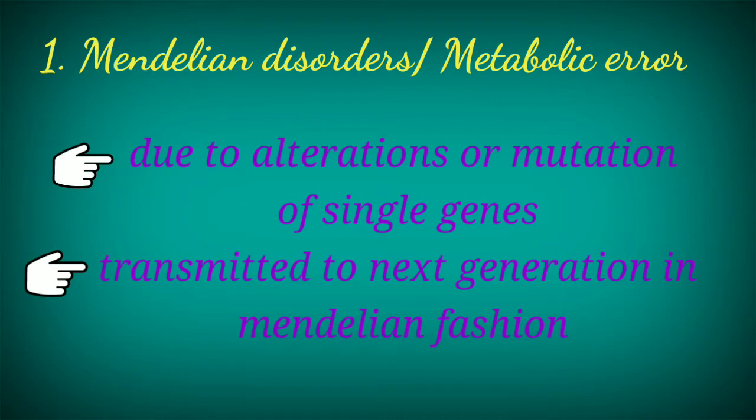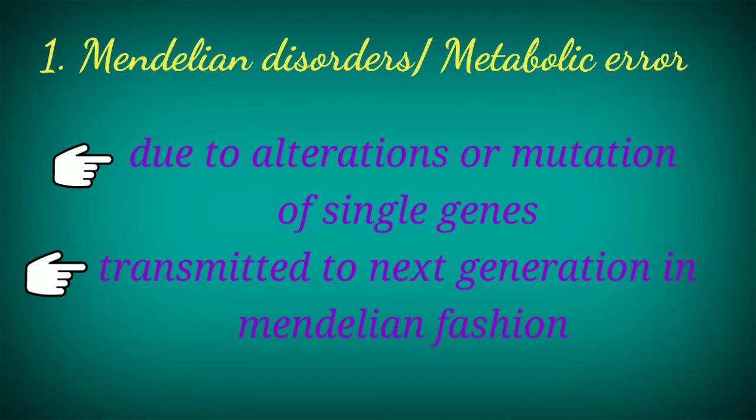And especially here, I'm going to discuss human genetic disorders. Definitely in the metabolism of the human body, such errors may have their effect, and in that we find the metabolic errors, which are also called Mendelian disorders.